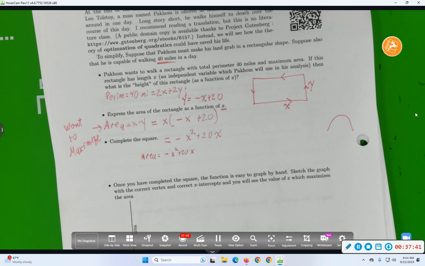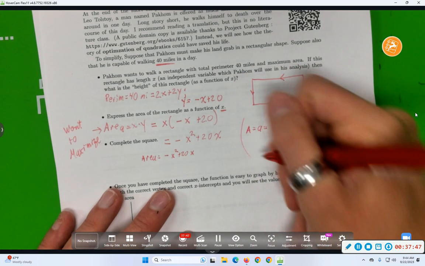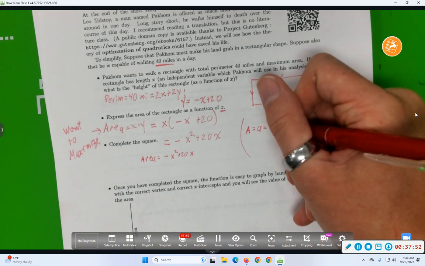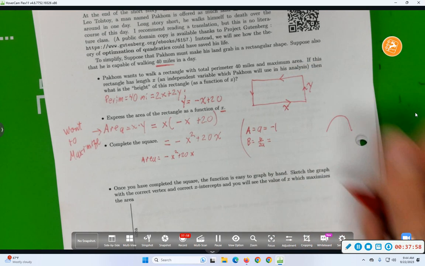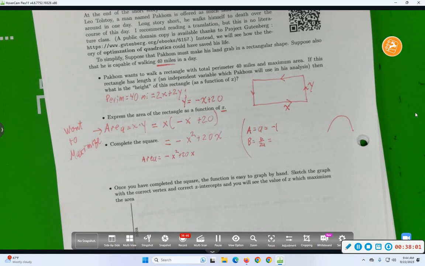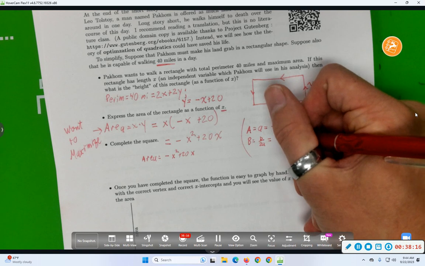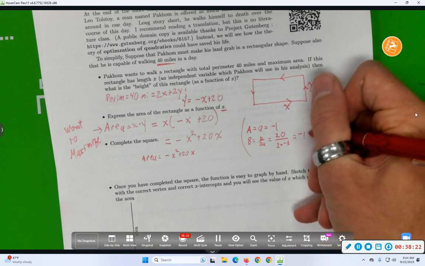So the formula says that big A should be the same as little a, which in this problem is negative 1. Big B should be little b over 2a, which is 20 divided by 2 times negative 1. I think that's negative 10.